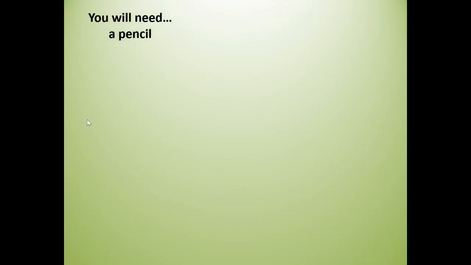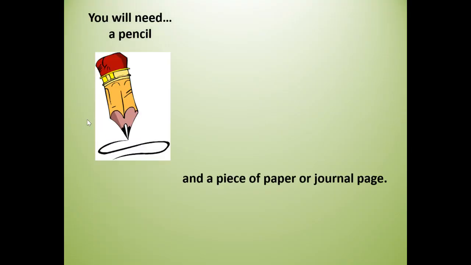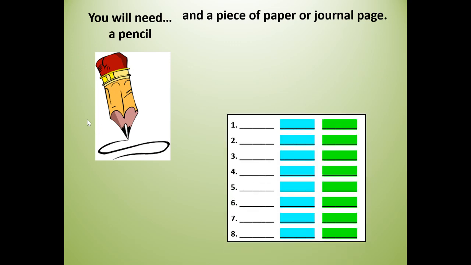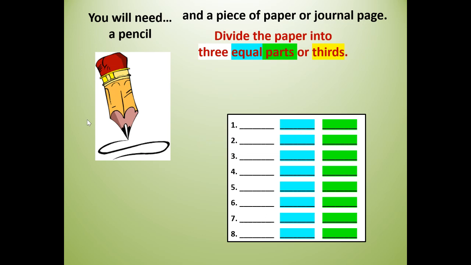The second activity choice, you will need a pencil and a piece of paper or journal page. And there's your piece of paper. And you're going to divide the paper into 3 equal parts or thirds. You actually do 2 folds or 2 lines.